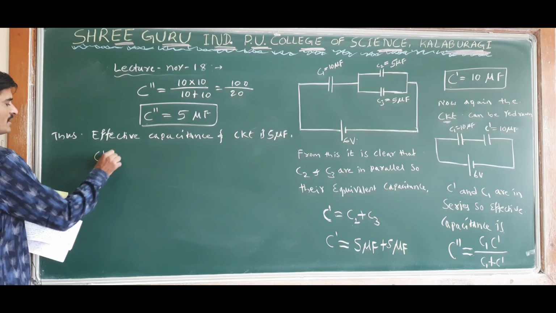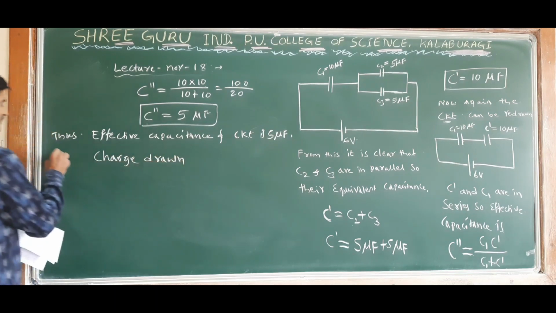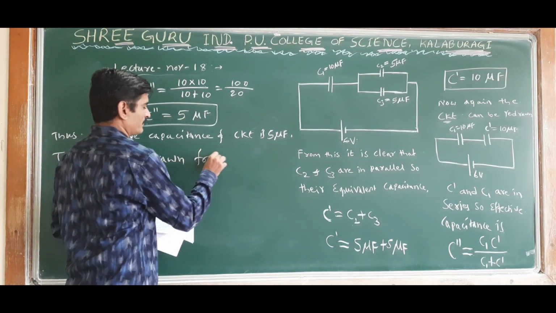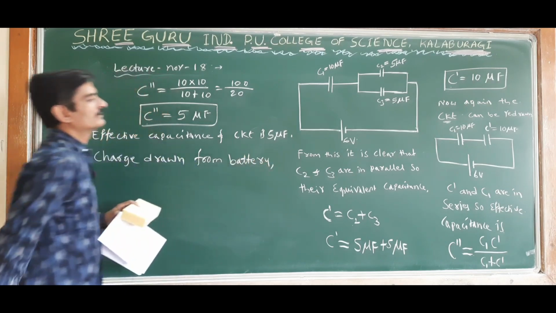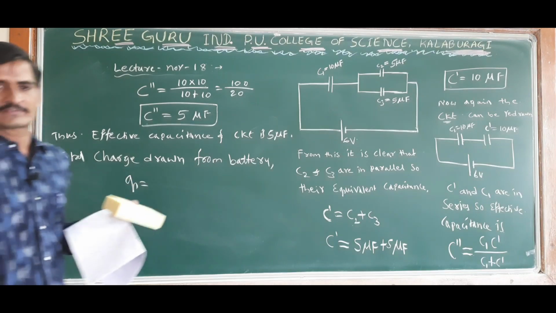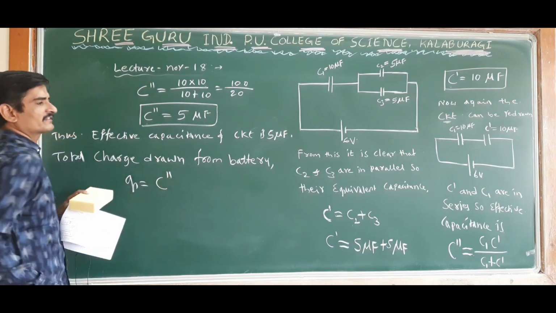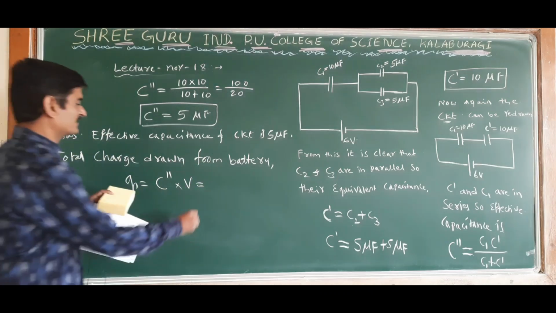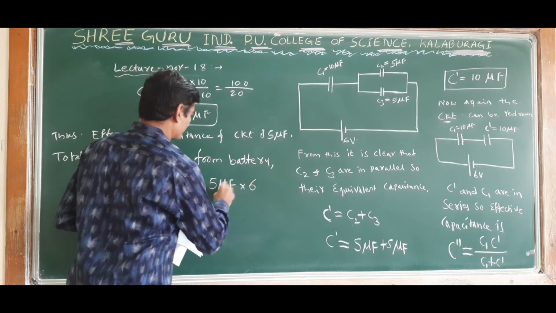So now the total charge drawn from a battery, that is Q is equal to effective capacitance into voltage. Effective capacitance is C double dash into potential difference V. So C double dash is 5 microfarad into potential is 6.